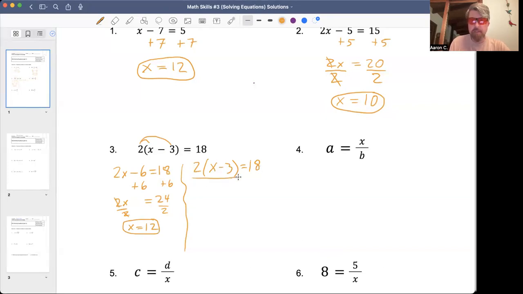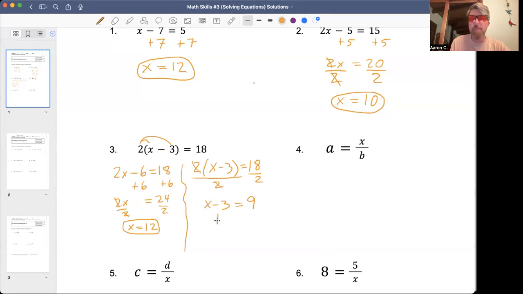So we can actually just divide by 2 on both sides right now. That 2 and that 2 go away because that's equal to 1. So then we just have x minus 3 is equal to 18 divided by 2, which is 9. Now what are we going to do?